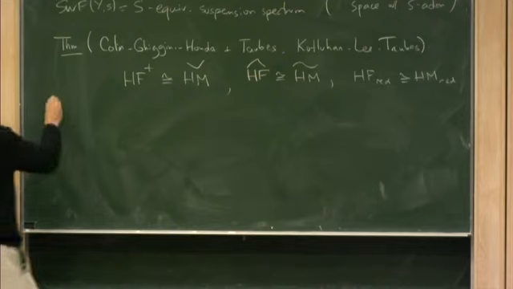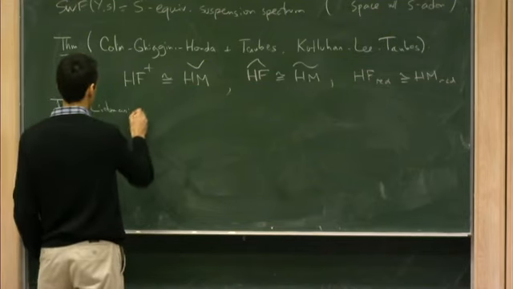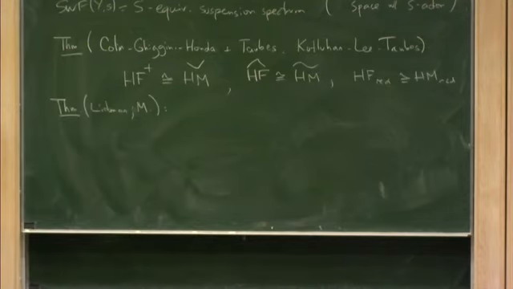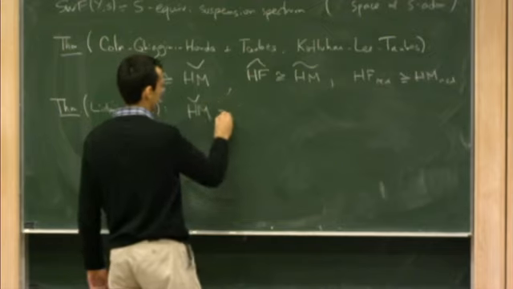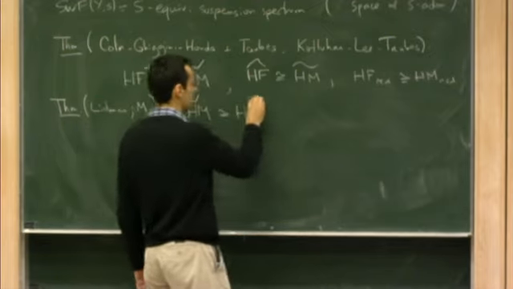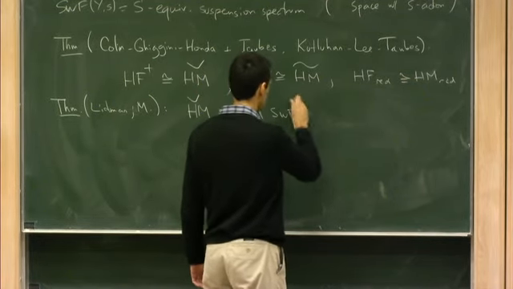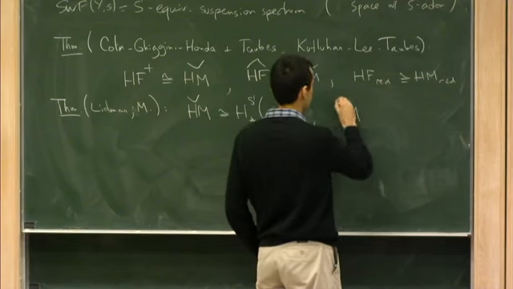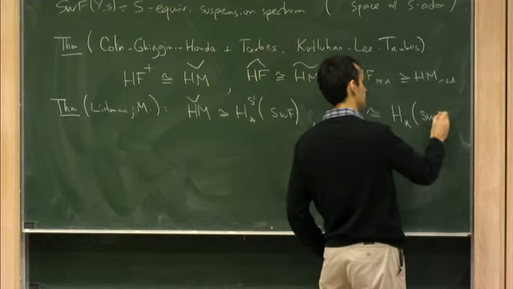And then Lidman and myself proved the equivalence between monopole Floer and the homology of the spectrum. So HM bar is isomorphic to the equivariant Borel homology of SWF, and HM tilde is isomorphic to the ordinary homology of SWF.